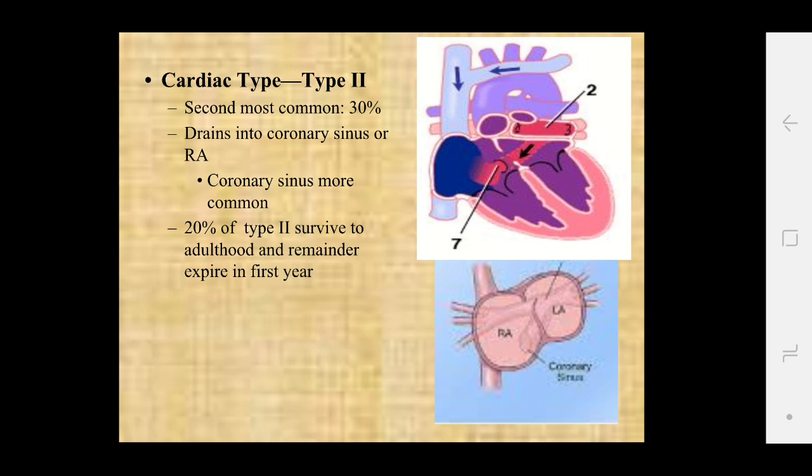The coronary sinus, by the way, is the venous drainage of the heart, and it usually courses in the posterior wall of the left atrium. Sometimes the four pulmonary veins join this coronary sinus, which then drains into the right atrium, so the end point is the right atrium. Or sometimes these pulmonary veins join the right atrium directly, but coronary sinus connection is much more common than the right atrial connection.